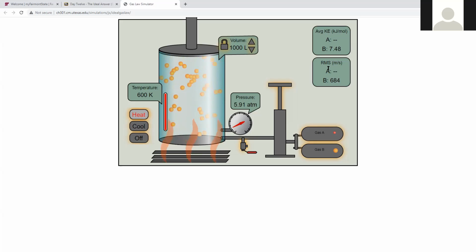Actually, particle motion is exactly what gives us temperature. That's why solids are cooler, liquids are kind of medium, and gases are the hottest. So the faster a particle moves, the higher the temperature gets.